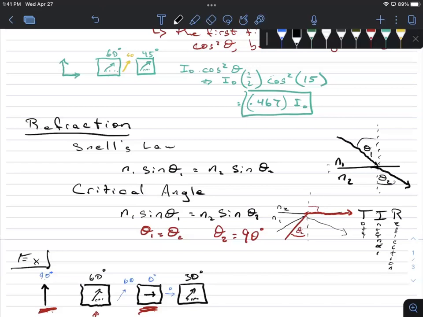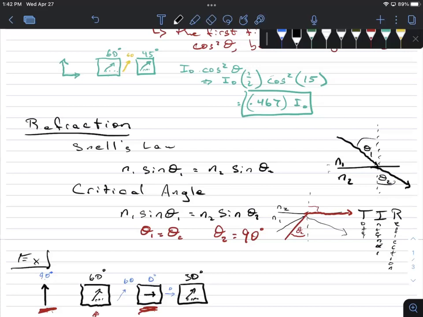So N1 would be water, N2 would be air. If, however, the question says, find the critical angle for glass, if the light is traveling from glass to water, well, now you're in glass, so N1 is glass, and N2 is not air, rather N2 is now water, because the question said it specifically.